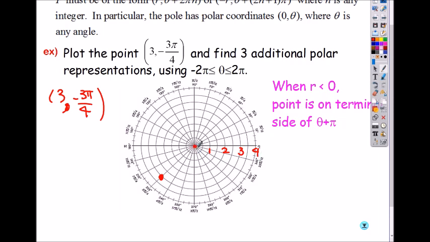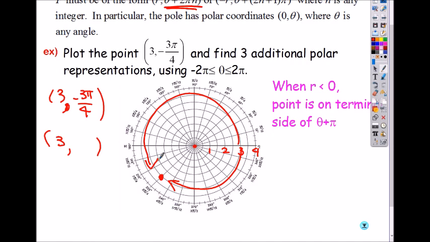Remember the center? So the other one is the same radius, but now you just make your radian negative to positive or positive to negative by adding or subtracting 2 pi. That's what this one meant, right? So negative 3 pi over 4 here was going clockwise. Now I go counterclockwise, which will be a positive radian.